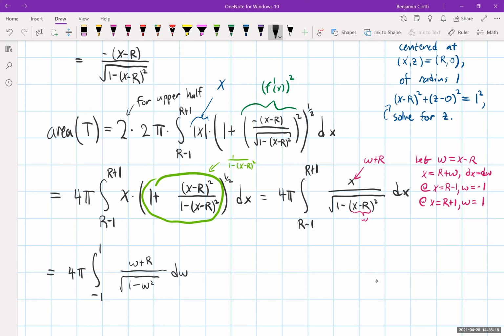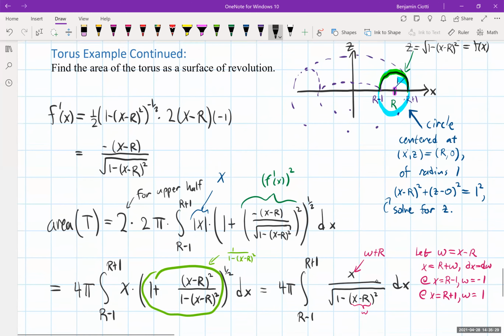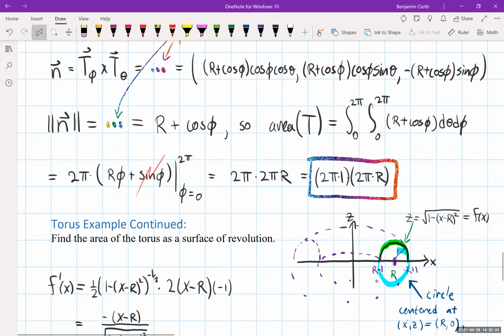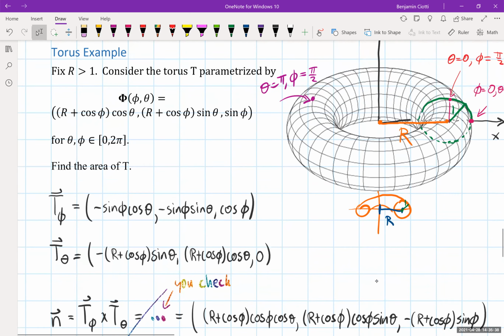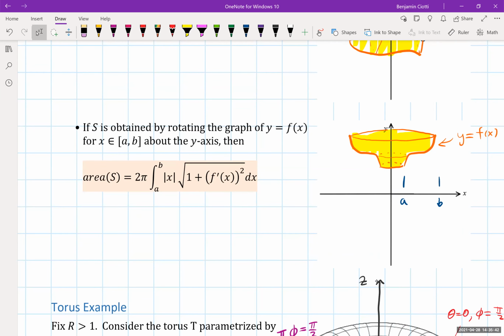Okay. So after the substitution, this is what I've got. A question: why is it only a single integral? Like, this is a surface area. Shouldn't it be a double integral? The thing about surfaces of revolution is they have a high degree of symmetry in them.